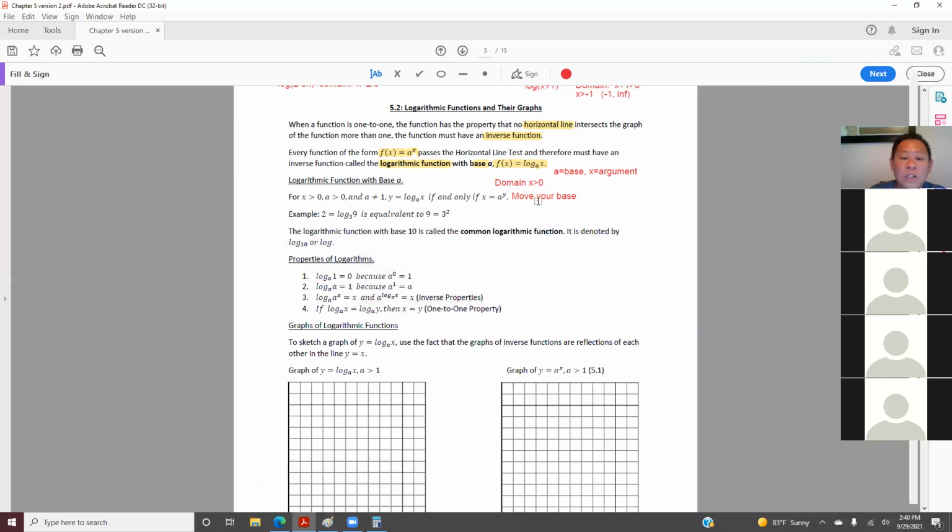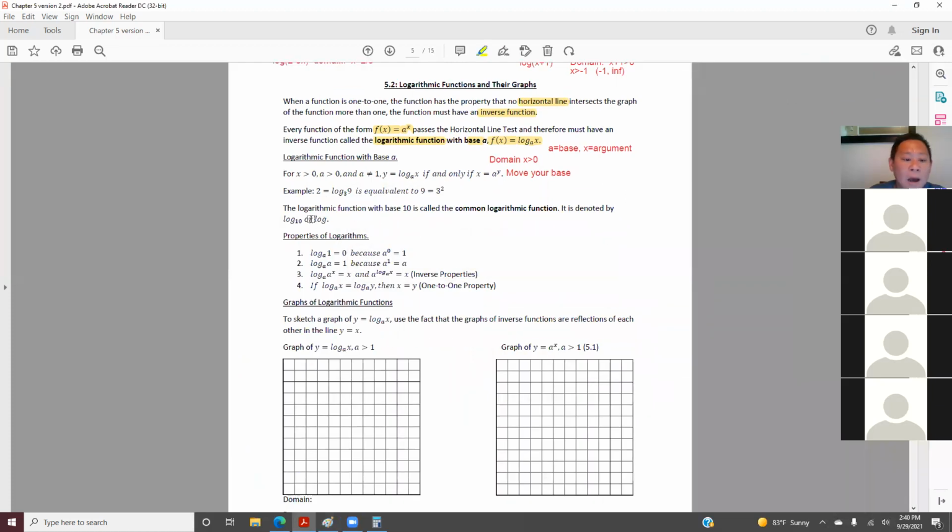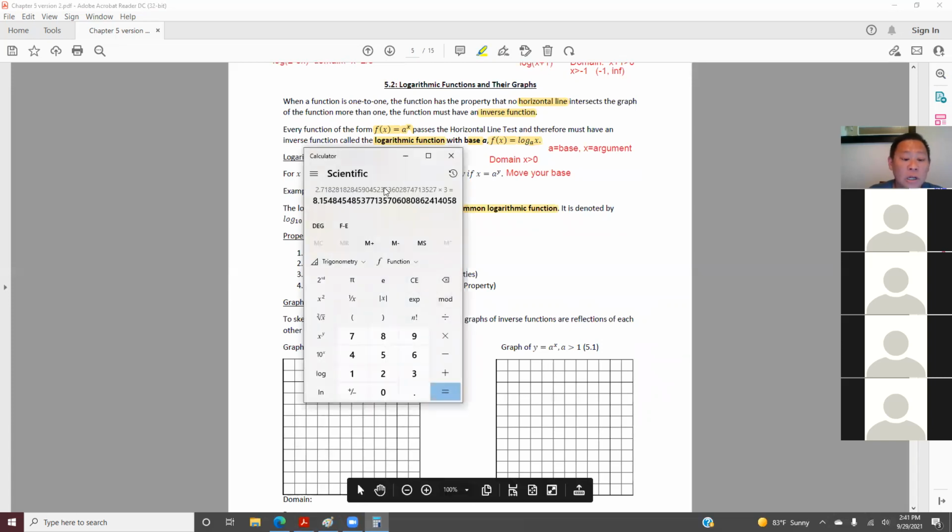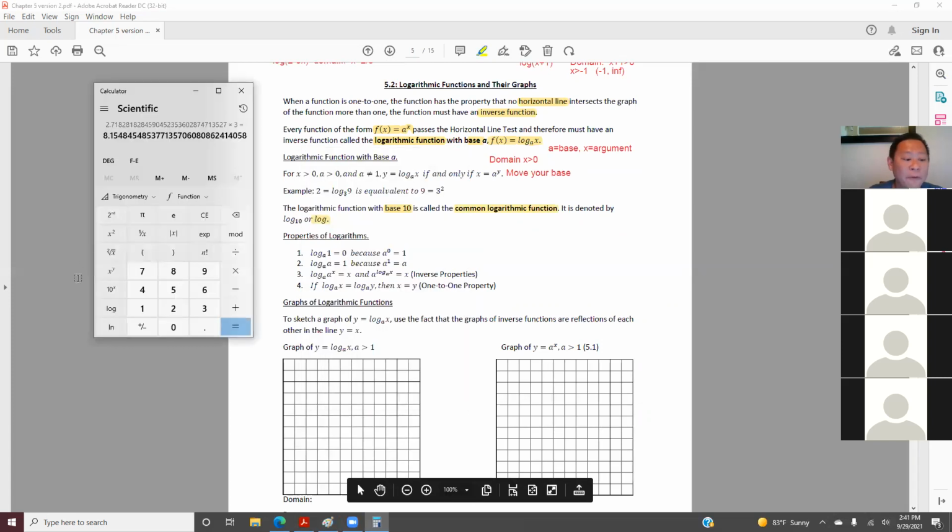Okay. This is something extra here. If you have just log by itself, it's called the common log. That means your base is 10. If you look at your calculator, all your calculators have a log symbol. This log symbol is called the common log, which means the base is 10.